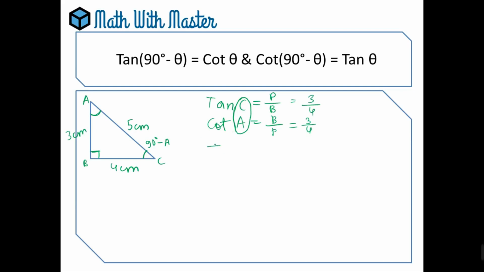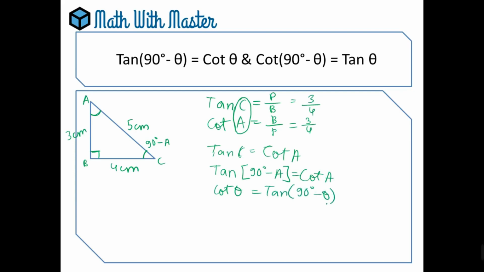So tan C is equal to cot A. Here we can write angle C as 90 degrees minus A. So tan(90 degrees minus A) is equal to cot A. If we take A as theta, then cot theta is equal to tan(90 degrees minus theta).